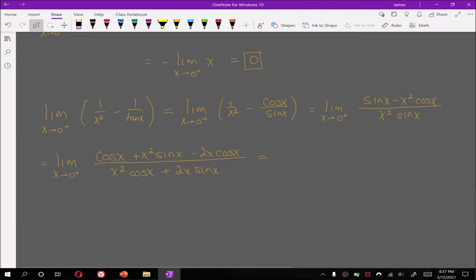This is 0. This is 0. So we have 1 in the numerator, 0 in the denominator. We're approaching from the right. That means all the values are going to be slightly larger than 0. Cosine's positive, sine is positive, x is positive. The entire denominator will be positive. That makes this positive infinity.